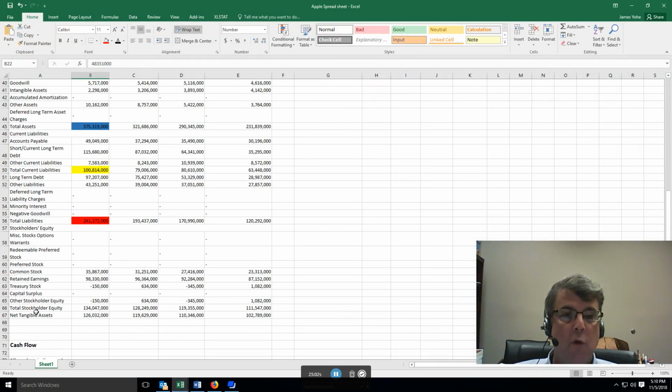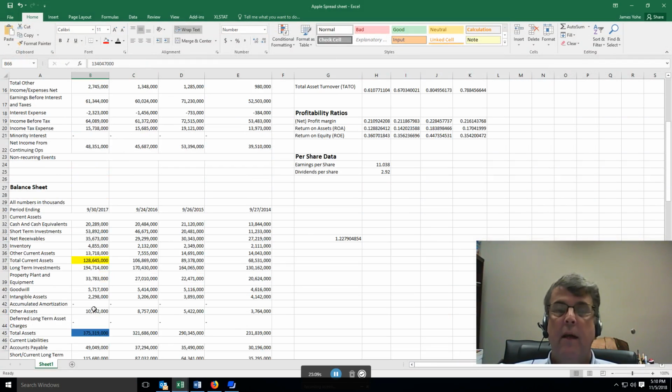Okay, total stockholder equity of $134.047 billion. And when we took that out, we got this whopping 0.3607. So we read that as a percentage, roughly 36.1% with rounding, is the return the owners are getting on their equity in terms of net profits.